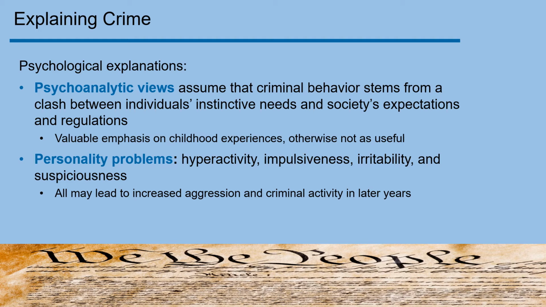The criticism on this is that it is more relevant in children, adults not so much. The other is personality problems, which breaks down to basically poor parenting and bad experiences as a child, leads to criminal activity and other issues as an adult.